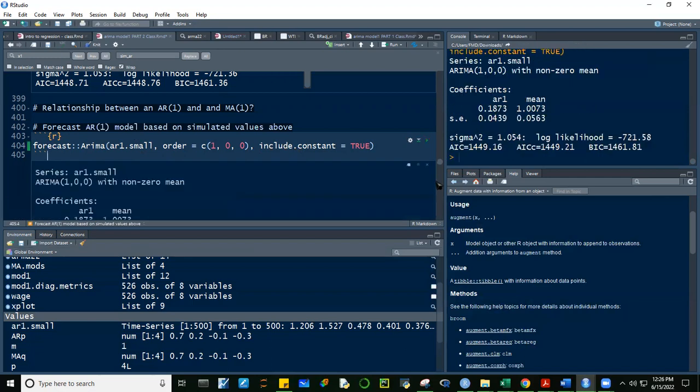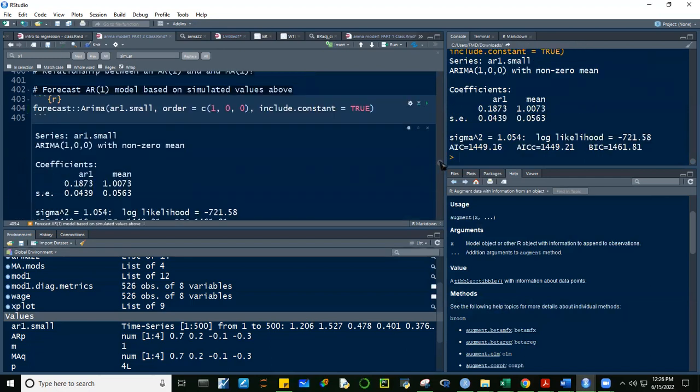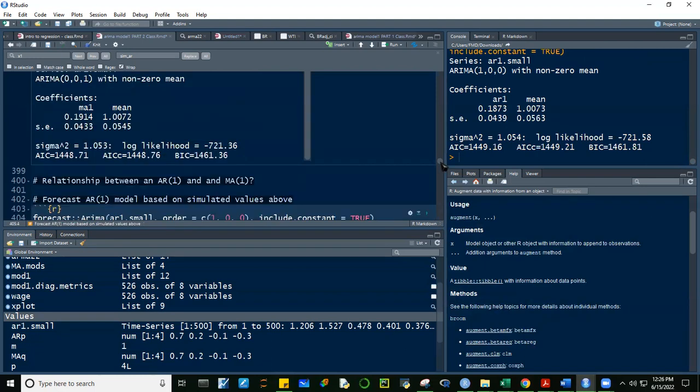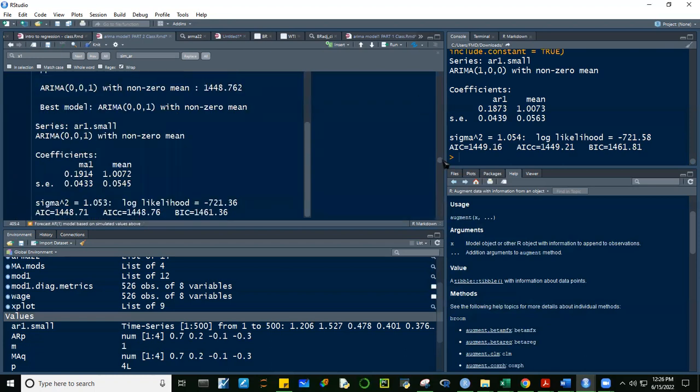If we run this, anong ginagawa nito? Magge-generate siya ng model for the AR1.small na 100. So ano lumabas?